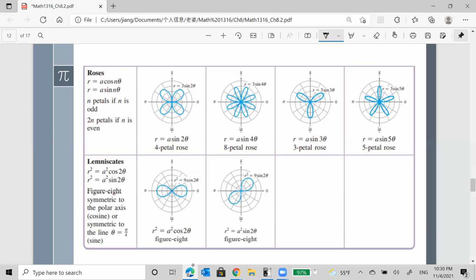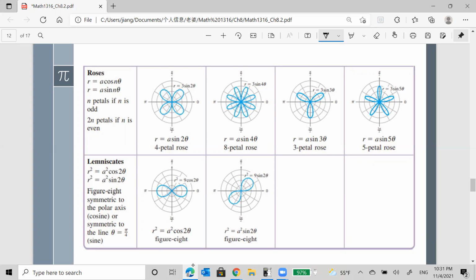And then next one, this is a figure 8 shape, just like the number 8. If here is cosine, the figure 8 form is r squared equals a squared times cosine 2 theta. If here is cosine, the 8 is lying on the polar axis.